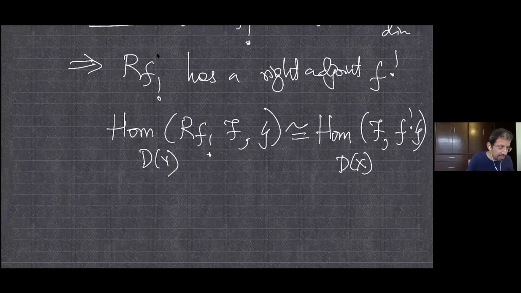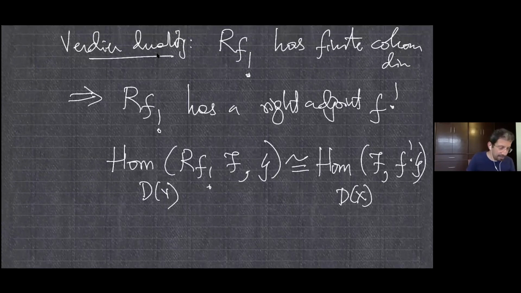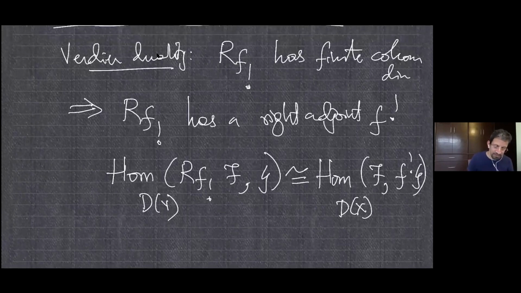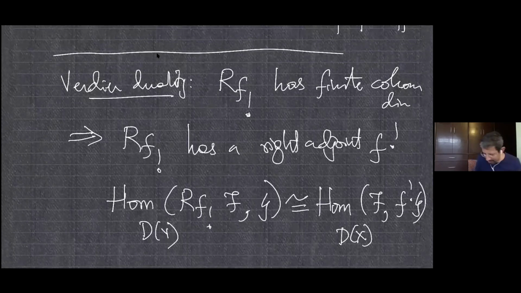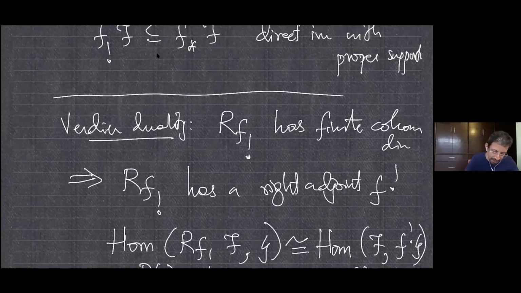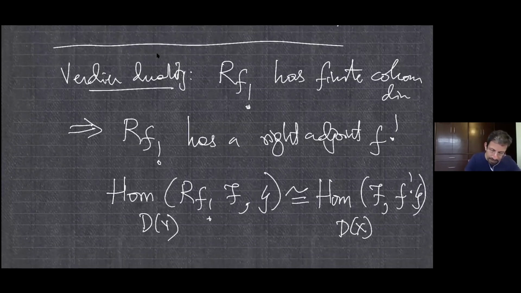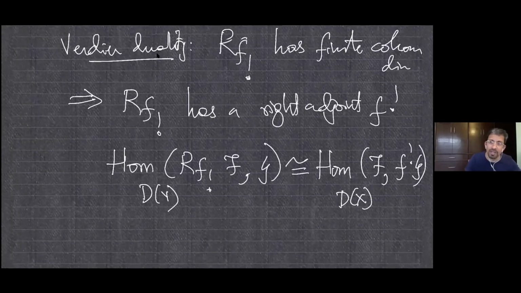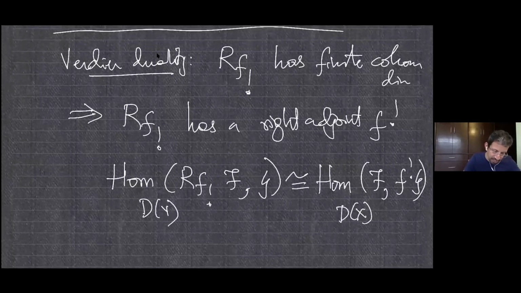So this is our map of locally compact topological spaces, f: X to Y. To view this as a generalization of Verdier duality, Poincaré duality, think of Y as a point, and think of F and G also. So Y is a point, and G is some sheaf.